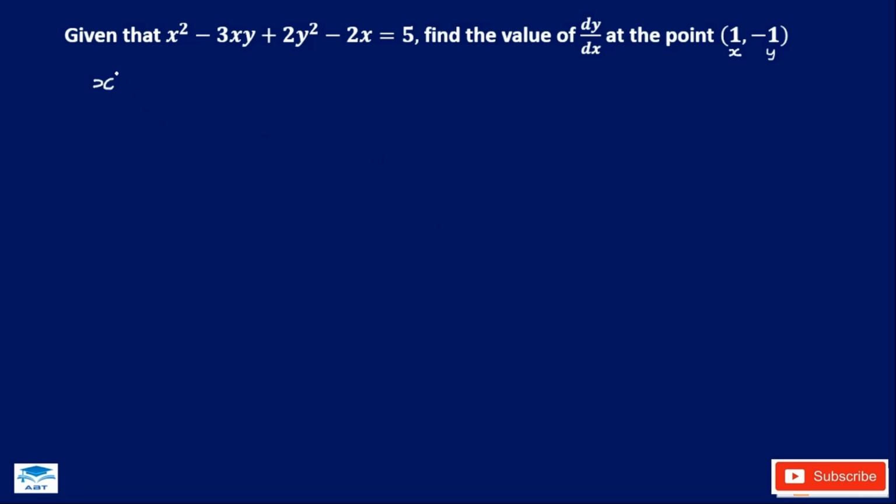So we have x squared minus 3xy plus 2y squared minus 2x is equal to 5.